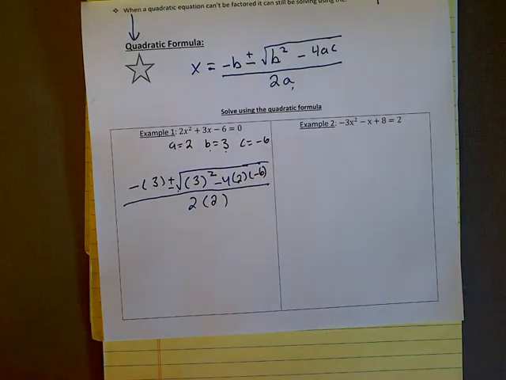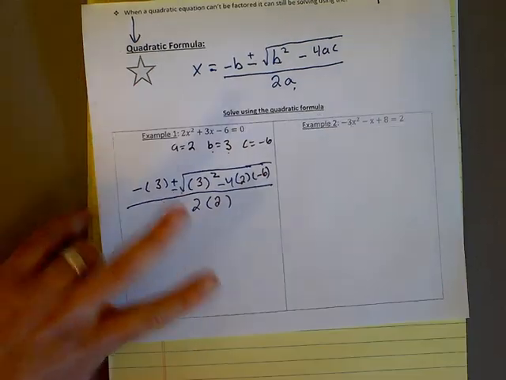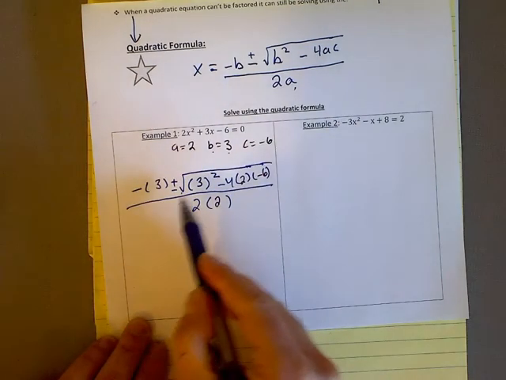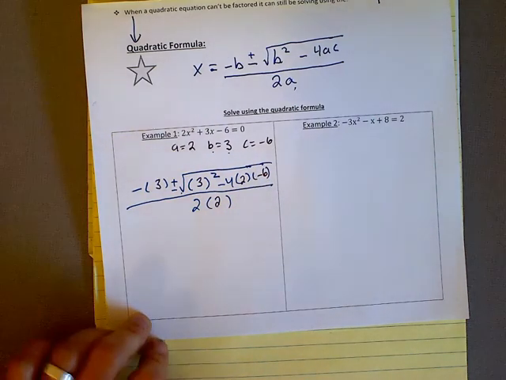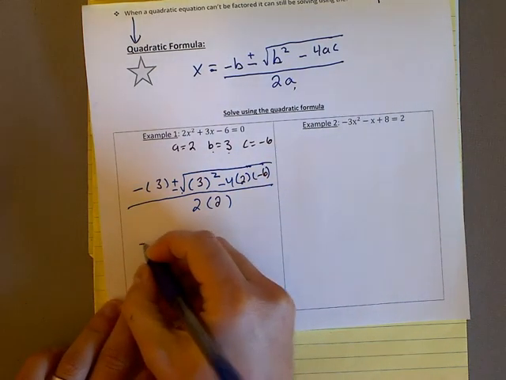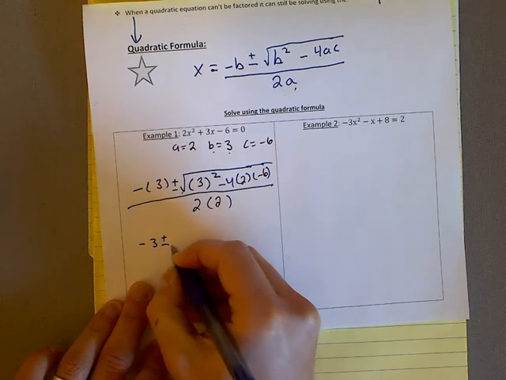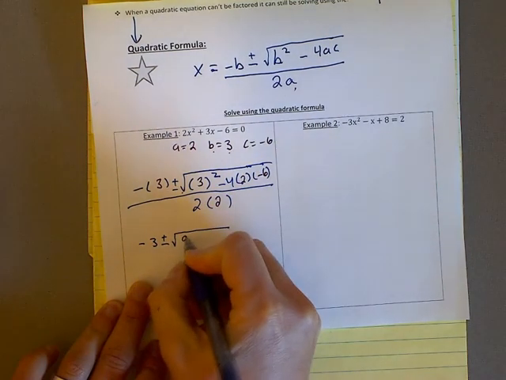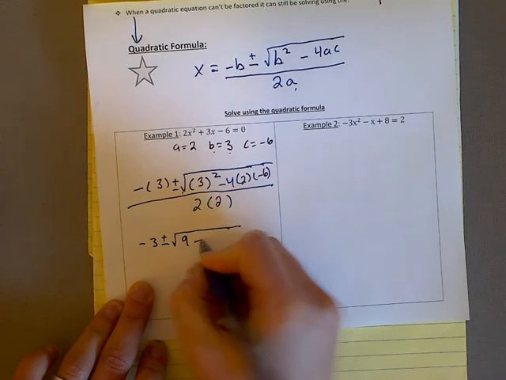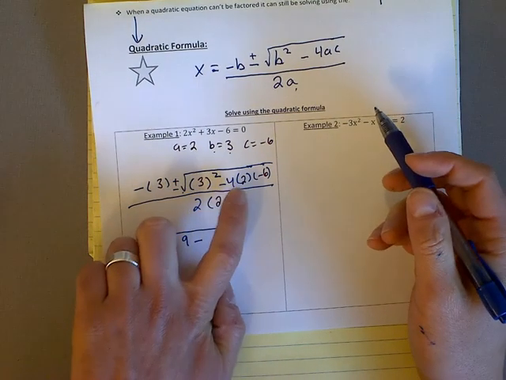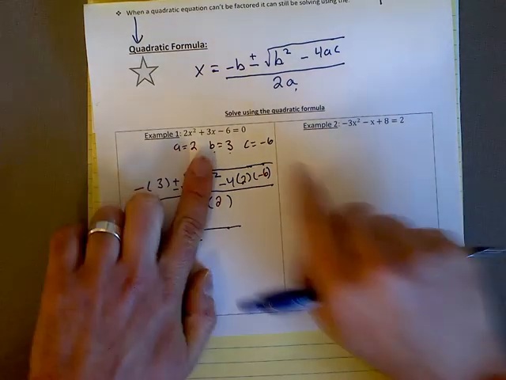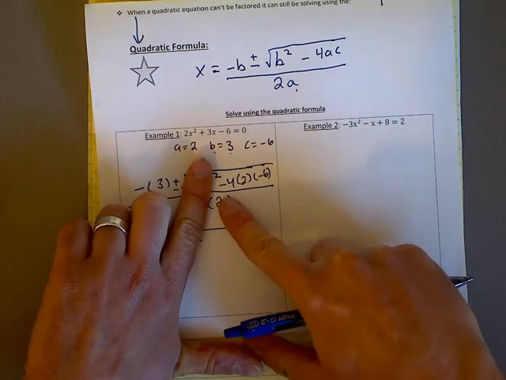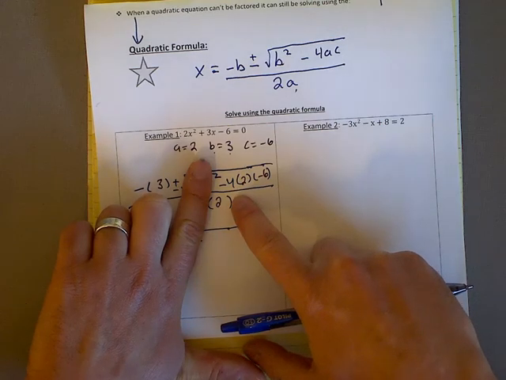And so we're just going to simplify this in 2 steps. So we're going to simplify the stuff inside the parentheses. So we'll keep it as negative 3 plus or minus the square root. 3 squared, 3 times 3 is 9. Minus, now I have 4 times 2 times negative 6. So it's kind of like a three-way multiplication here. Negative 4 times 2 is negative 8.